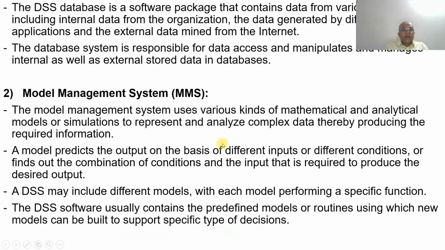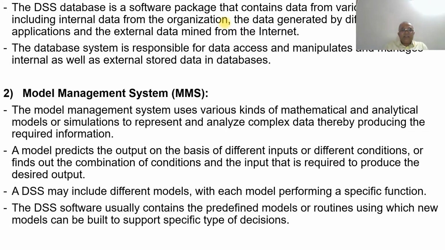So the DSS database is a software package that contains data from various sources, including internal data from the organization, data generated by different applications, and external data mined from the internet.